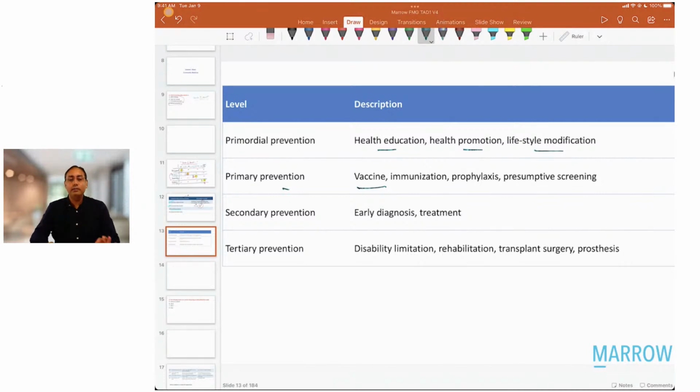Do not get confused. Any type of vaccine is a primary prevention. Immunizations, prophylaxis, any type of chemoprophylaxis, doxycycline for malaria, rifampicin for leprosy, presumptive screenings, all are examples of primary level of prevention. Secondary prevention example is early diagnosis and treatment. Tertiary prevention is disability limitation, rehabilitation, transplant surgery, and prosthesis.